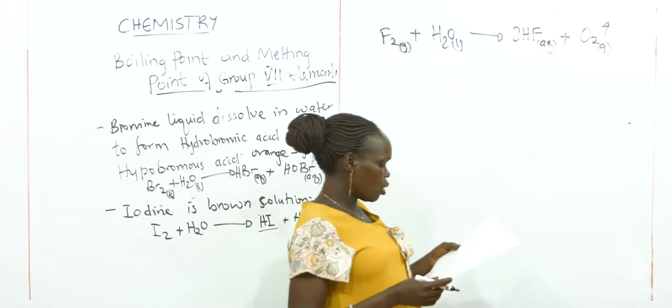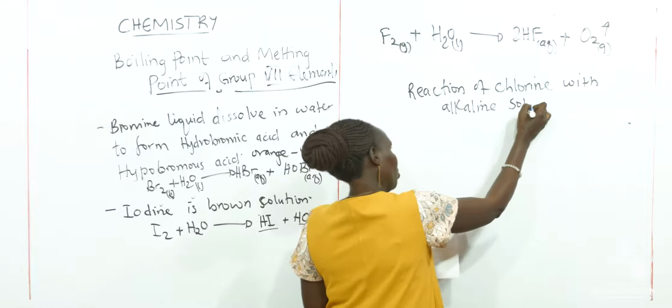So we are going to see the reaction of chlorine with the alkaline solution. The reactivity, as we know, decreases as we move down the group. It means the reaction of chlorine with the alkaline solution will be more vigorous compared to the rest of the elements in the group.